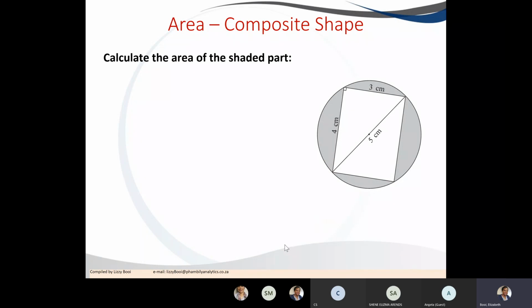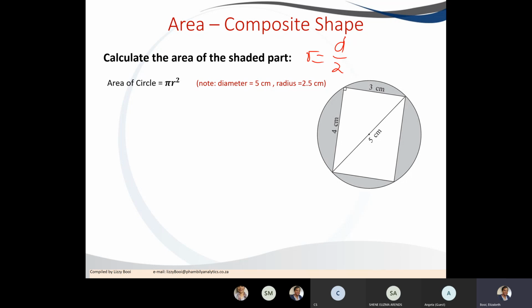And to calculate the shaded part, it's easy because we can calculate the area of a circle, which is the whole circle that we have. And like I said, we are given the diameter for the circle. If we take 5 divided by 2, we'll get the radius of 2.5. Remember that your radius is equal to your diameter over 2.